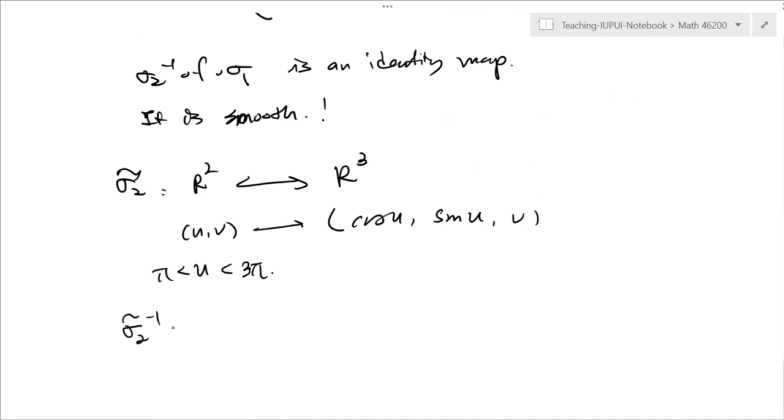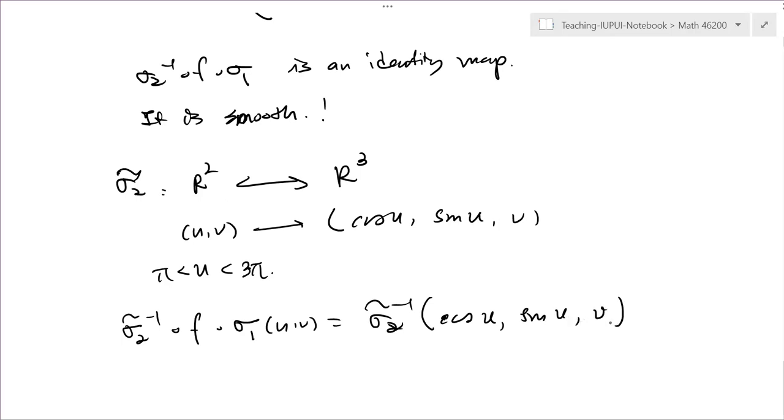Sigma, okay, F is going to be cosine U, sine U, and V. Yeah, it's the same.